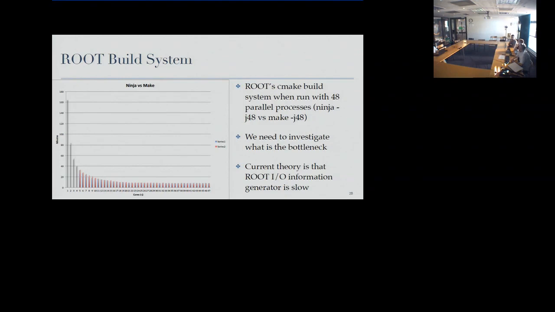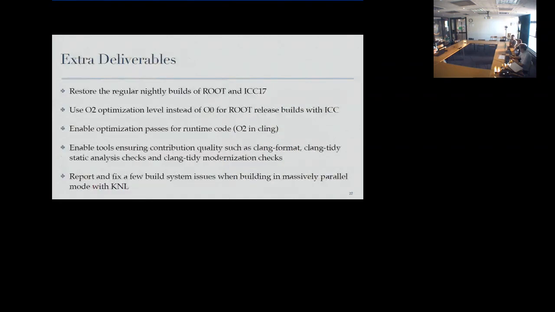So maybe we should look at this one so that we can further parallelize and optimize the build. Still, with 70 threads, I compile ROOT in 5.5 minutes. Yeah, so it is good, but there are some bottlenecks that we need to iron out, I think, as well. And yeah, that's the bottleneck.